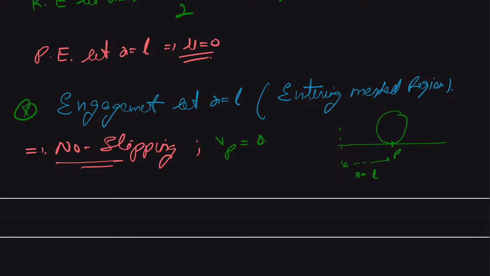And if the velocity of our P point is equal to 0, and the linear velocity is now v, and the angular velocity is omega.